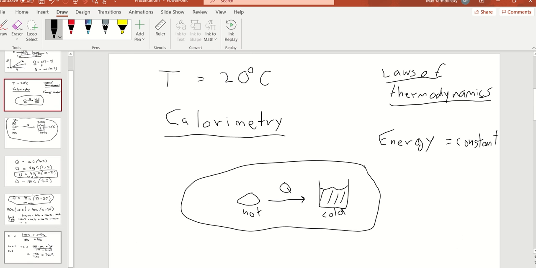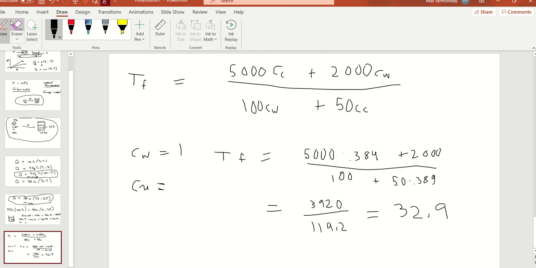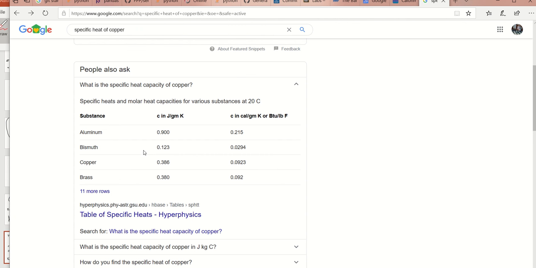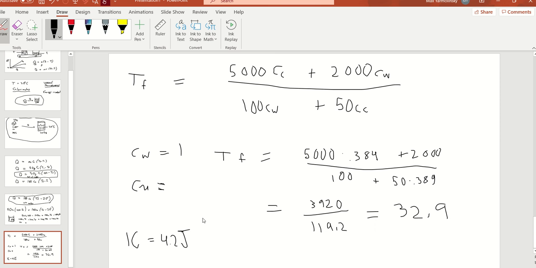I guess I erased it, but basically, one calorie is 4.2 joules, right? So basically, I was off by a factor of 4.2 because the specific heat of copper, we should do it in terms of calories, and if you look it up in terms of calories, it's 0.0923, not 0.384.